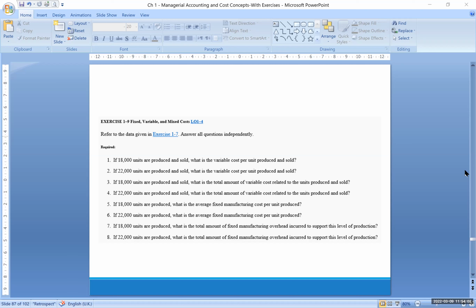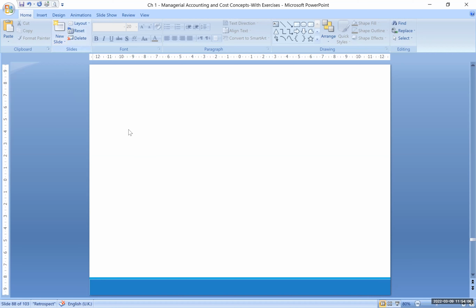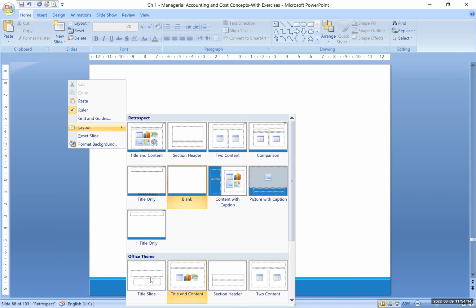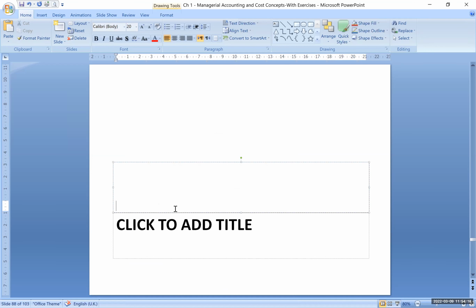Again, the question is about variable cost per 1 unit. All the variables are included in the answer here, right?